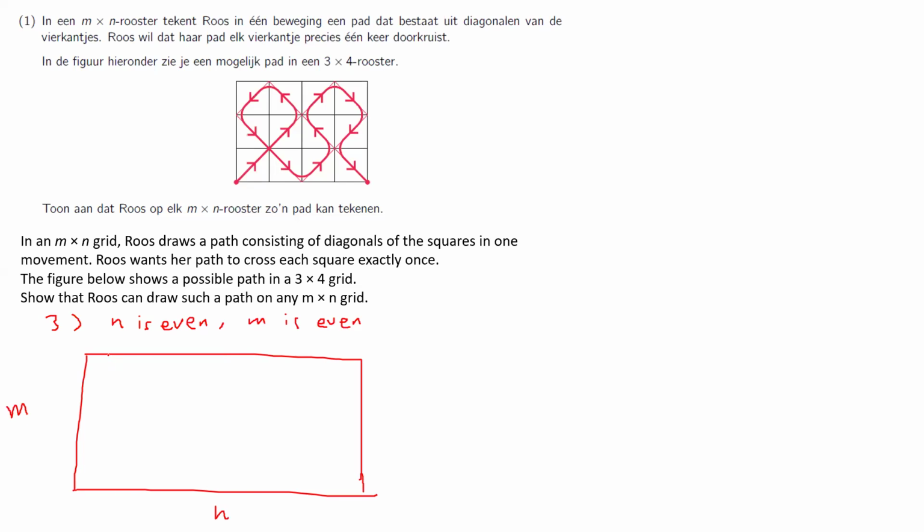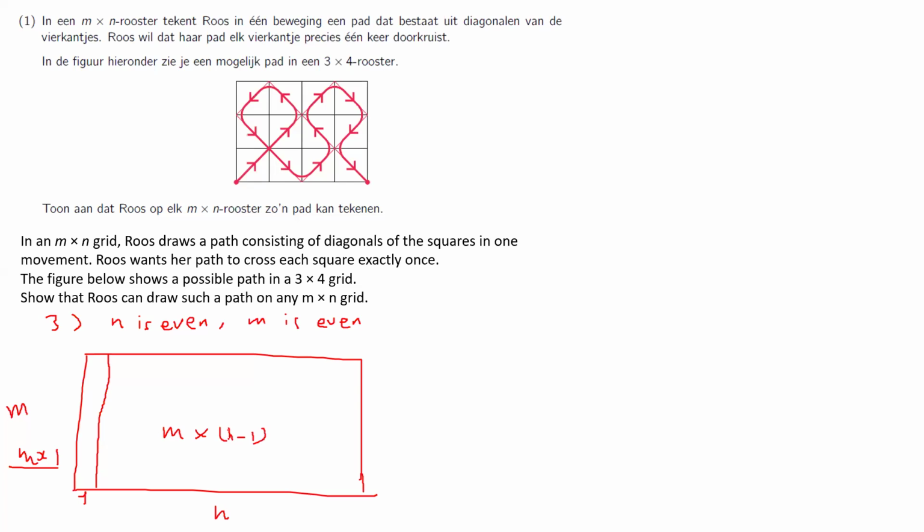So in this case, we just leave the first column out, the first column, this one, as a component. So here we have an m times 1 grid, and the rest part is an m times (n minus 1) grid, right?